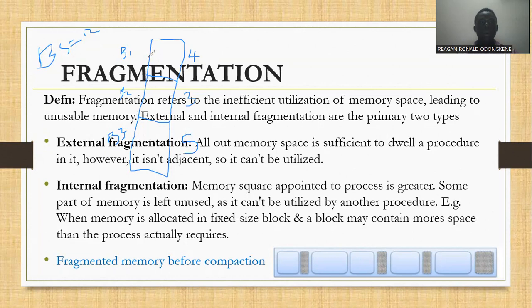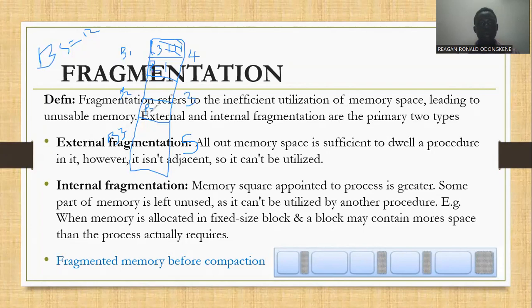In B1, we have a process P1 using a memory of 1 MB, causing internal fragmentation of 3 MBs. So this is internal fragmentation. Let me just identify it uniquely by shading it. So 3 MBs.